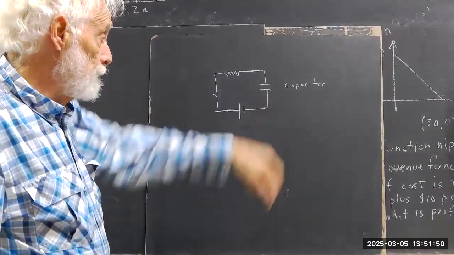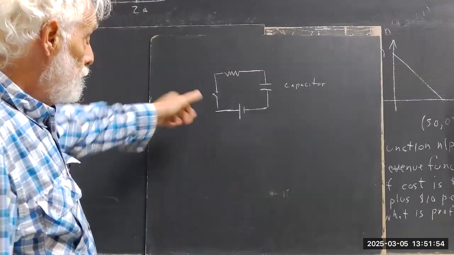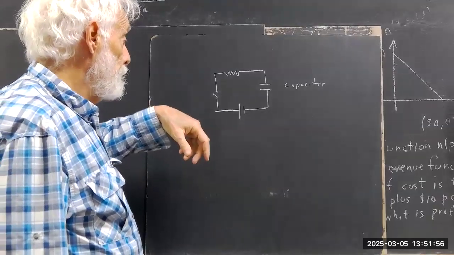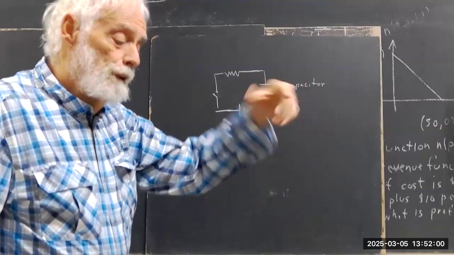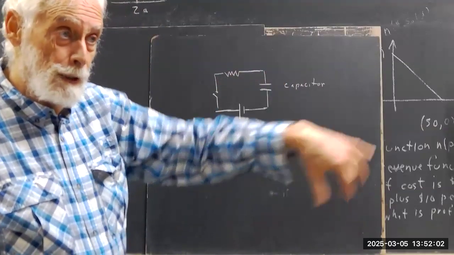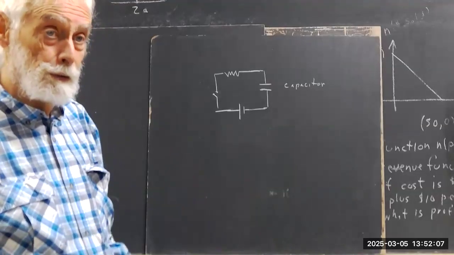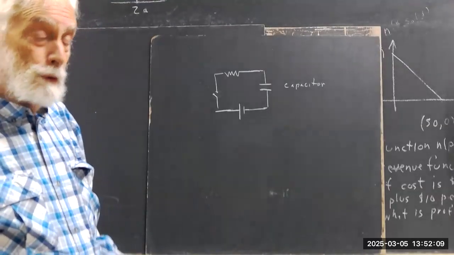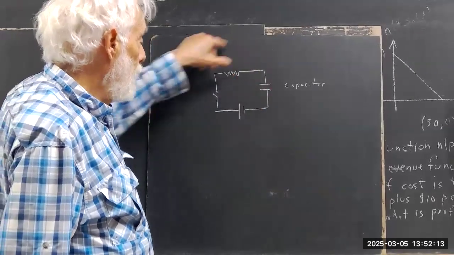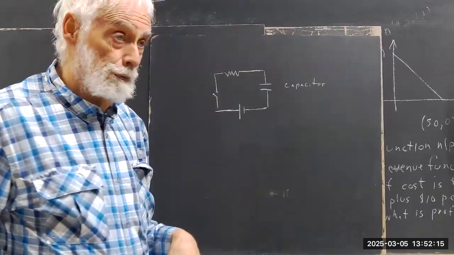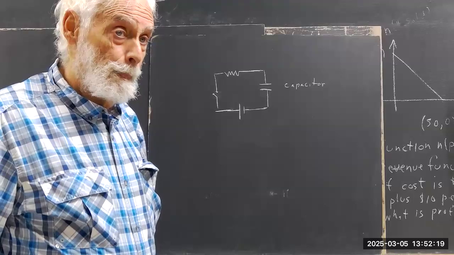You throw the switch. The capacitor initially doesn't have any charge on it. As soon as you throw that switch, you get a current. The current pulls negative charge off of one plate of the capacitor, puts it on the other. So the capacitor starts charging, which means the capacitor develops a voltage in the direction opposite to the voltage of the source. Okay?